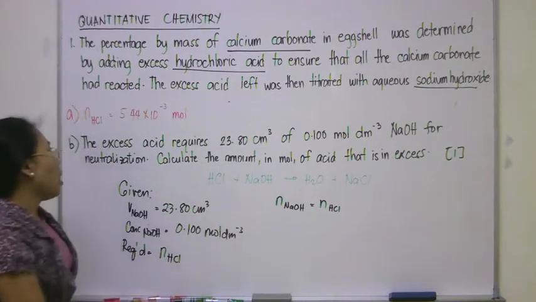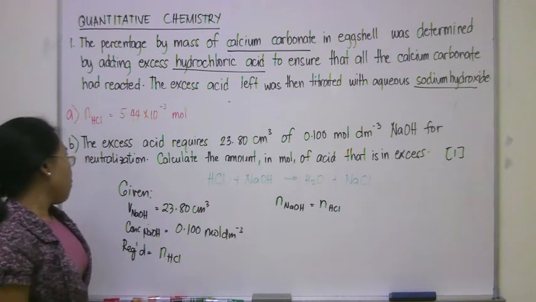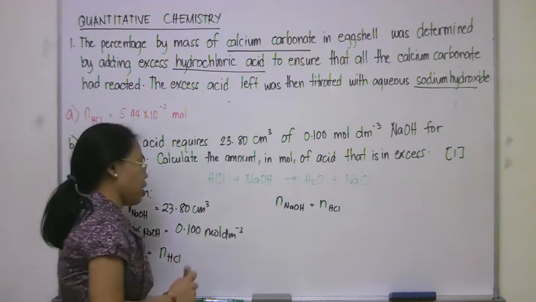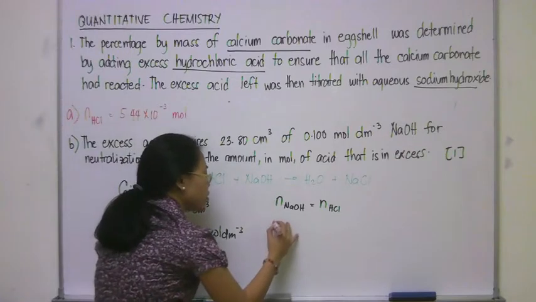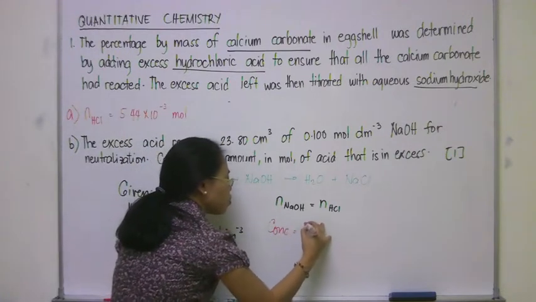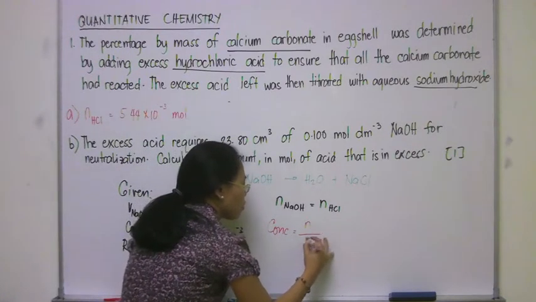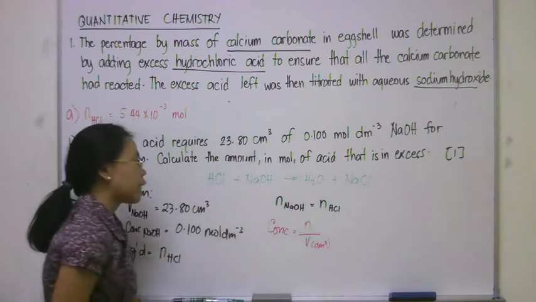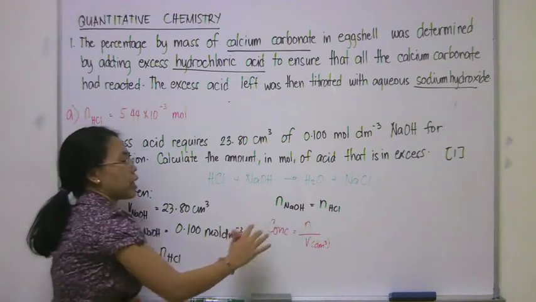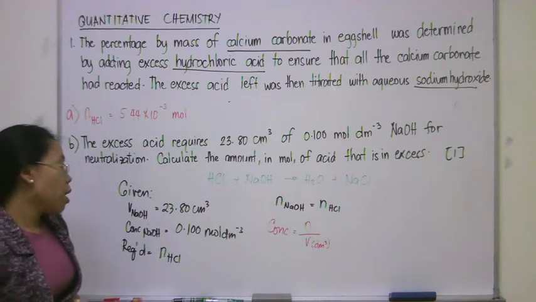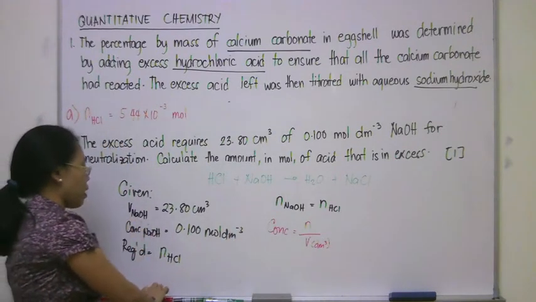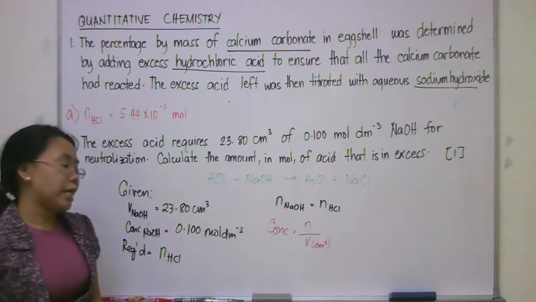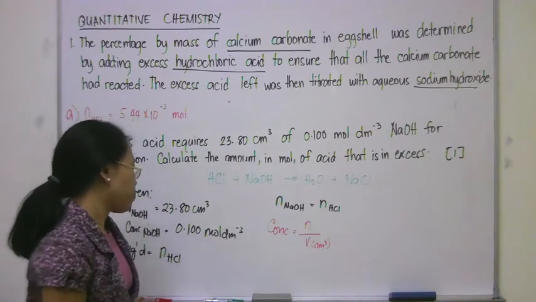Okay, so using the formula that we've used in letter A, wherein concentration is equal to moles over volume, take note that the unit should be in dm cube. So we can calculate the moles of sodium hydroxide by multiplying the concentration and the volume of sodium hydroxide in dm cube.